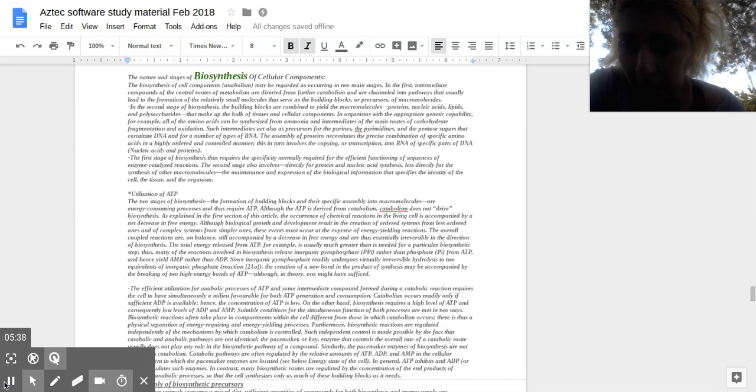The first stage of biosynthesis thus requires the specificity normally required for the efficient functioning of sequences of enzyme-catalyzed reactions. The second stage also involves directly for protein and nucleic acid synthesis, less directly for the synthesis of other macromolecules. The maintenance and expression of the biological information that specifies the identity of the cell, tissue, and the organism.